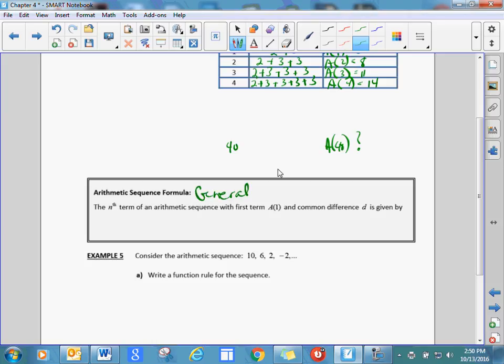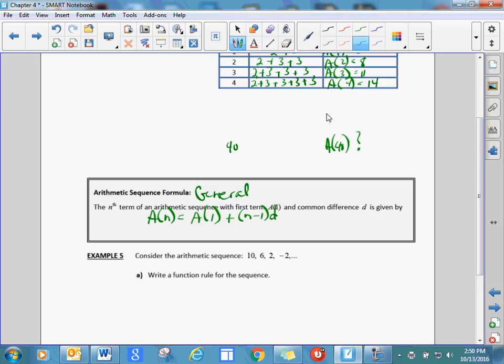And the general rule can actually be written 2 different ways. And different math books, some math books write it one way and some math books write it the other way. So at a of 1, the first term, and the common difference, so if you know the common difference and you know what the value is at the first term, then the rule says that the value at the nth term is equal to the value at the very first term plus n minus 1 times the common difference.